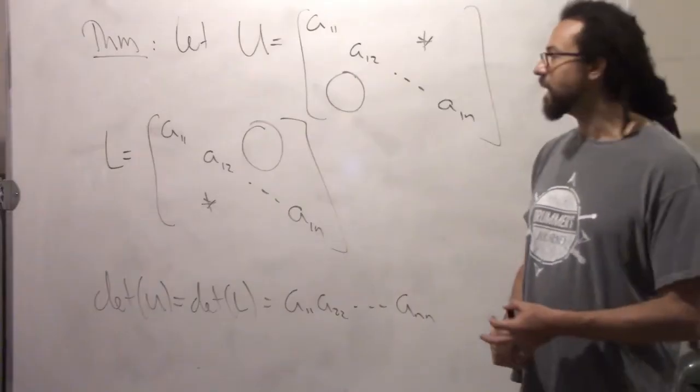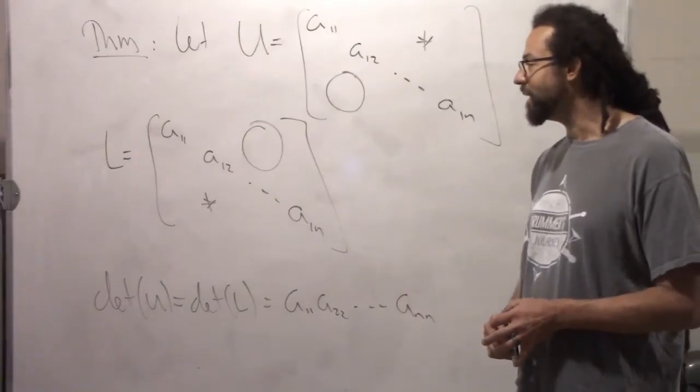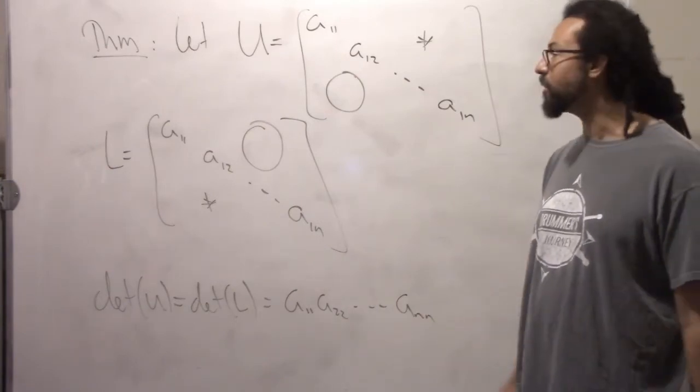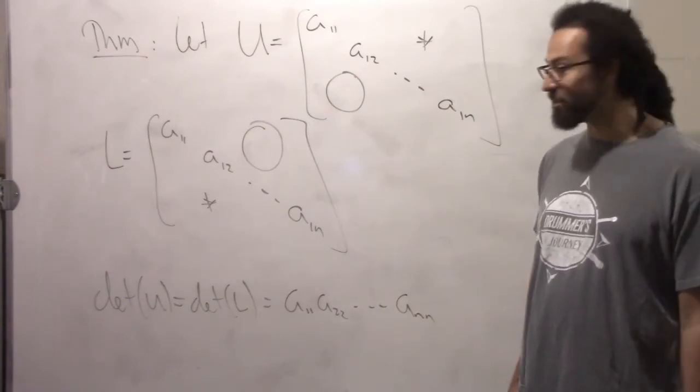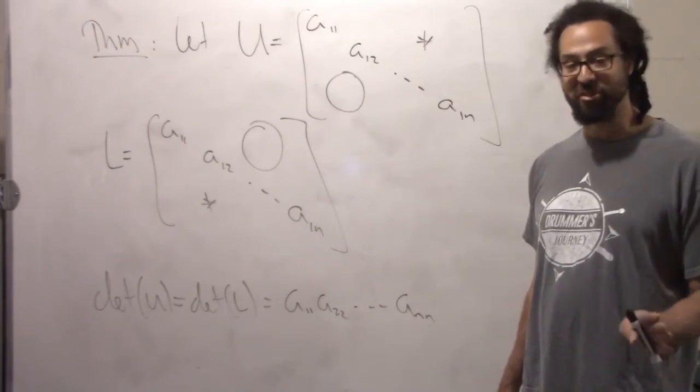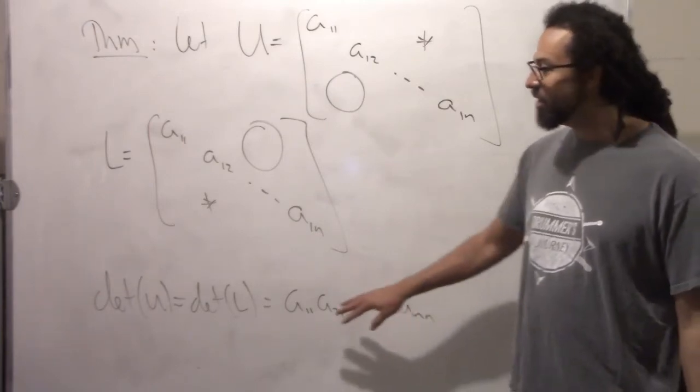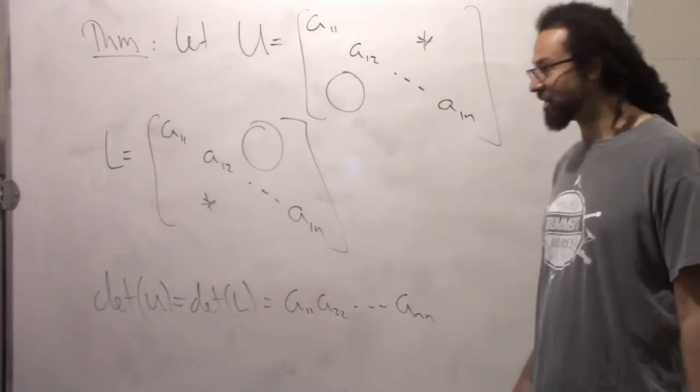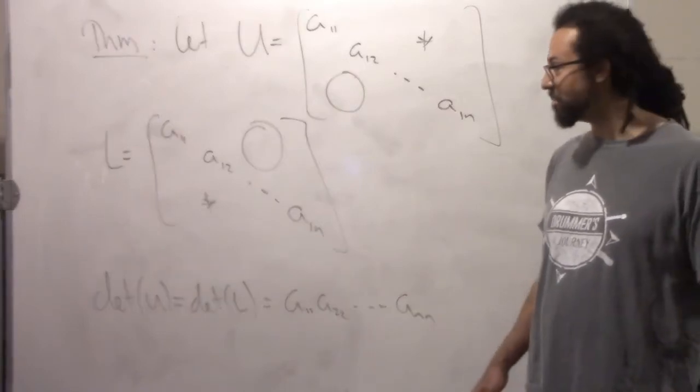Okay, if you're lucky enough to need to take the determinant of an upper triangular or lower triangular matrix, computing those determinants is always easy, no matter what the size of the matrix is. It could be a 15 by 15, it doesn't matter.